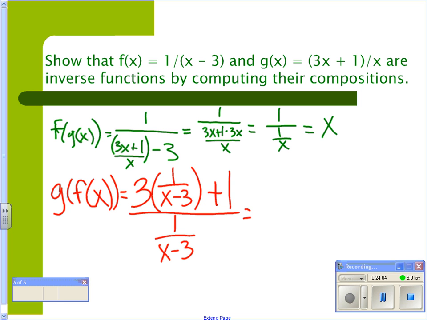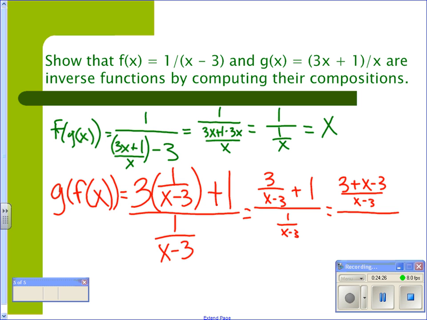Looking at this fraction, I'm going to rewrite this part first. Make it 3 over x minus 3 plus. Does that make sense? Then make it 3 plus x minus 3. Does that make sense?